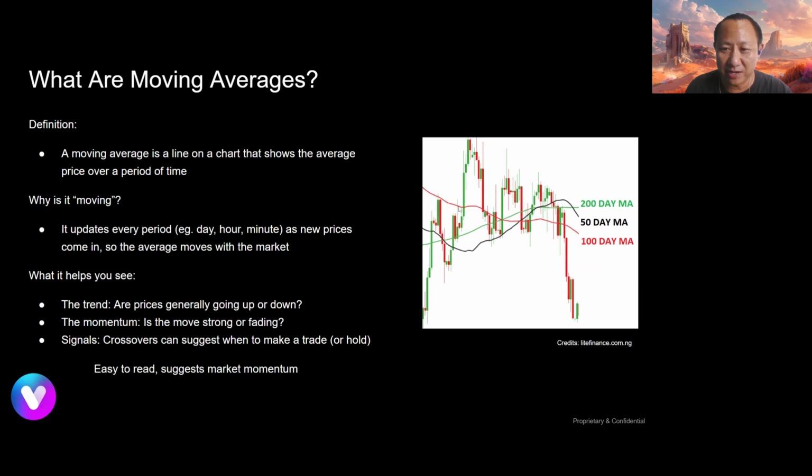And this helps you to see a trend. So if you look at the red line, this is a trend of the average prices, which is currently going down. The green line is also a trend of the prices on a different time period. And the black line is also a trend on a different time period, right? So we'll get into these later, right? But basically, they help you see whether the prices are going up or going down, right? And it also hints at momentum.